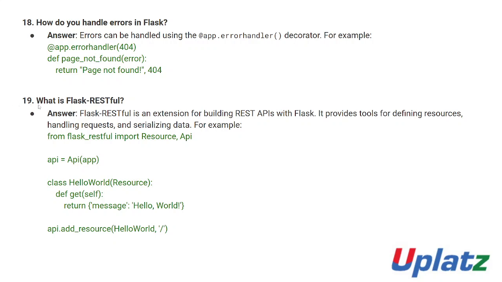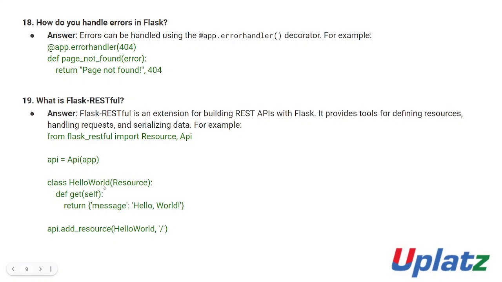Question 19. What is Flask-RESTful? Answer: Flask-RESTful is an extension for building REST APIs with Flask. It provides tools for defining resources, handling requests, and serializing data. For example, from flask_restful import Resource, Api. api = Api(app).